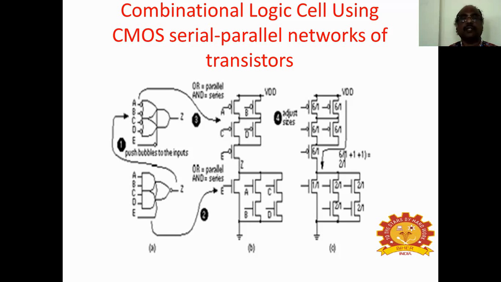Then we do the sizing, where the aspect ratio, the W by L aspect ratio, is used for the sizing of the transistors so that equal delay takes place between the PMOS and NMOS networks and the functionality of the circuit is properly implemented.